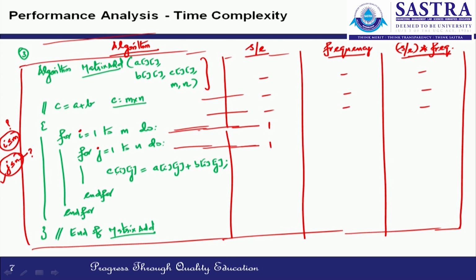Then consider this assignment statement Cij is equal to Aij plus Bij. A simple assignment statement is taken as one step per execution. For the two ends of the for loops, putting hyphen, then second hyphen, and closing curly brace hyphen.